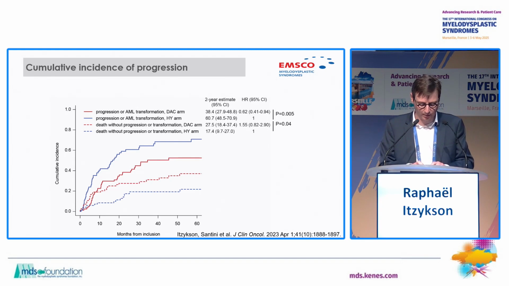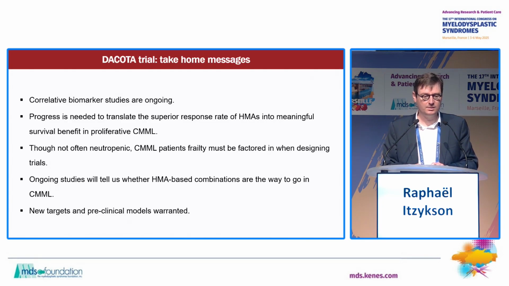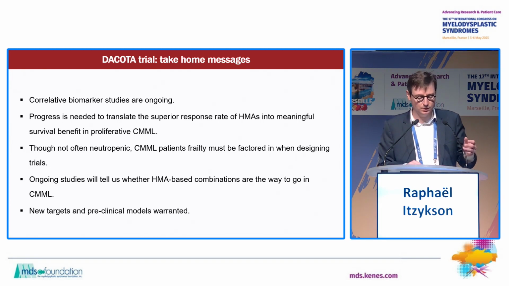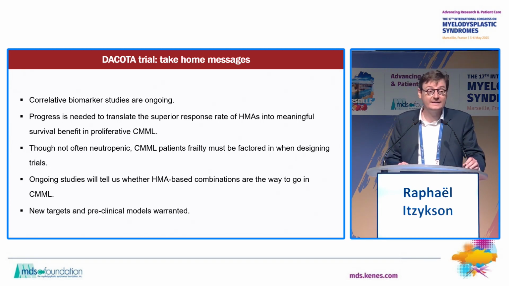So toxicity is probably a strong word here in the decitabine arm. That was mostly due to an excess of infectious events and a significant but modest increase in the cardiovascular event rate.